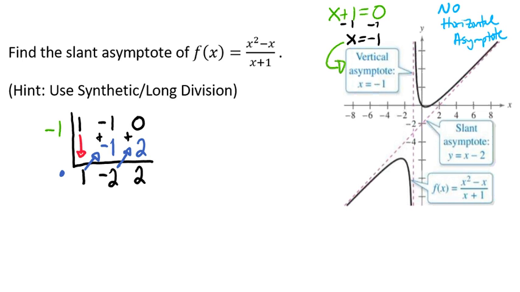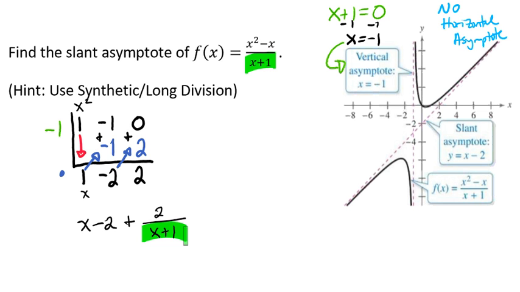And I'm going to write my solution. Remember, if this is an x squared, by dividing it, it drops it to an x. It drops it a degree. So this is going to be x minus 2 plus my remainder, which was 2 over x plus 1, which was our denominator.